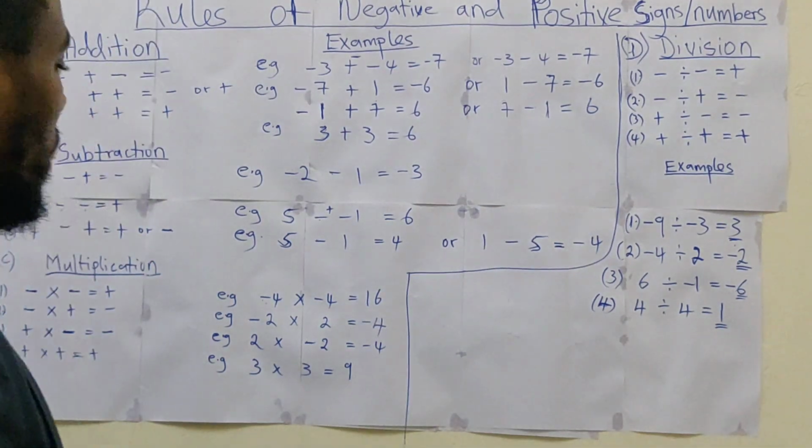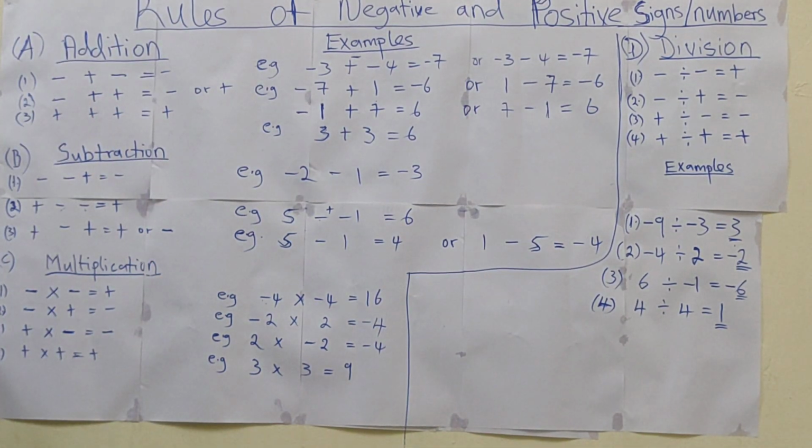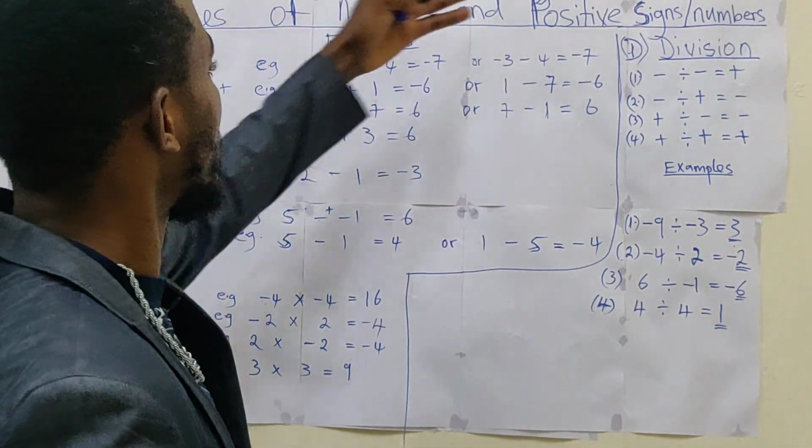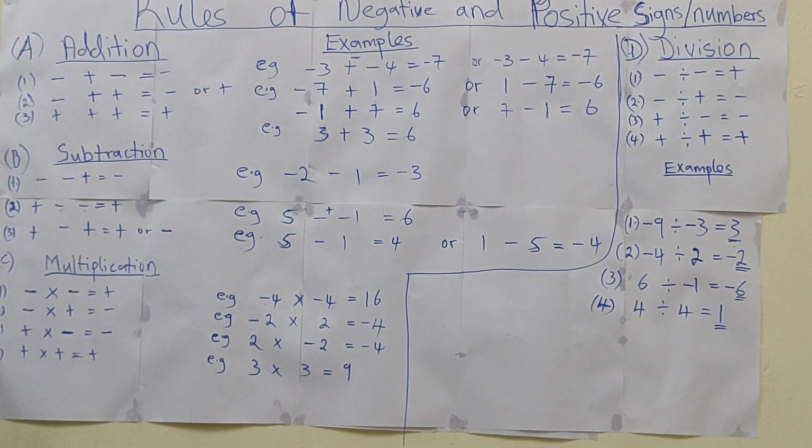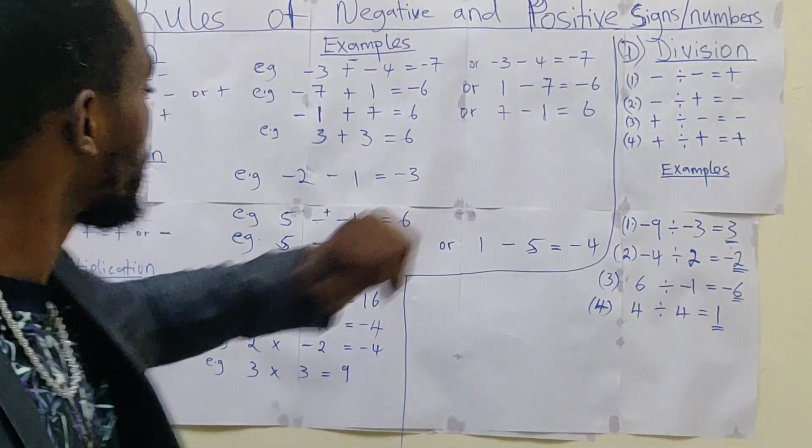Positive. So this is all about how the positive and negative signs manipulate themselves with the various signs, like you can see in multiplication and division.